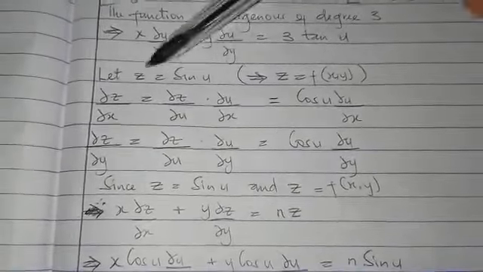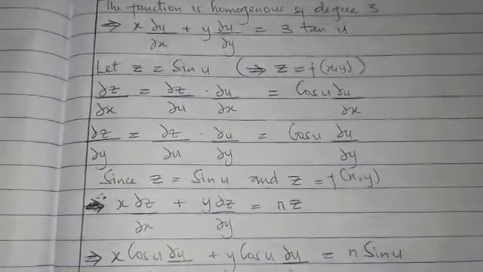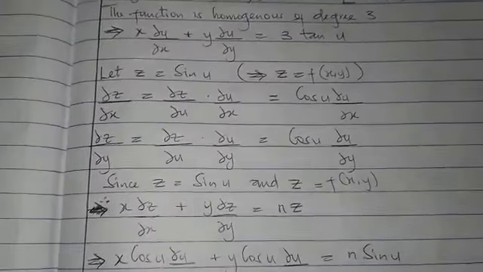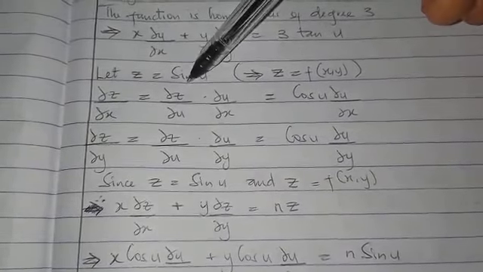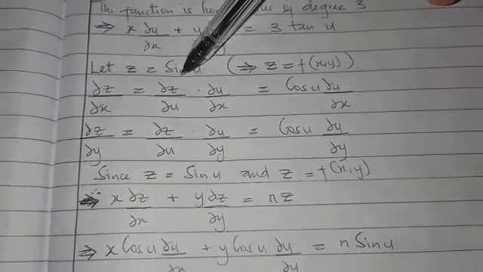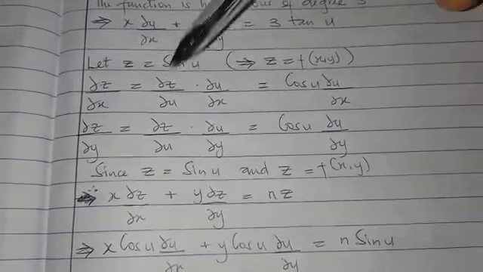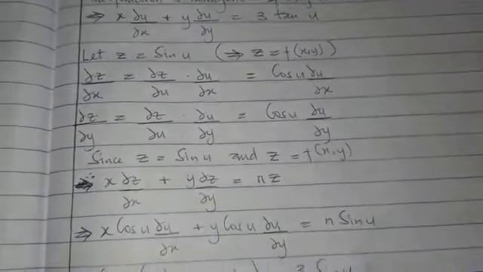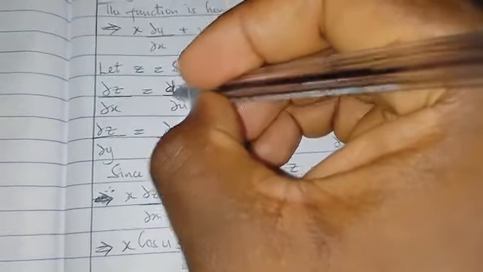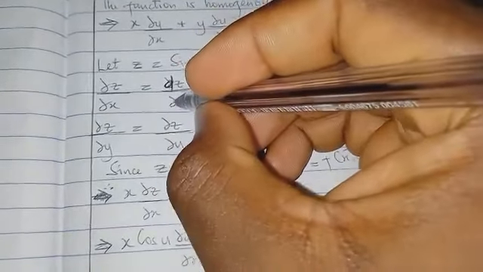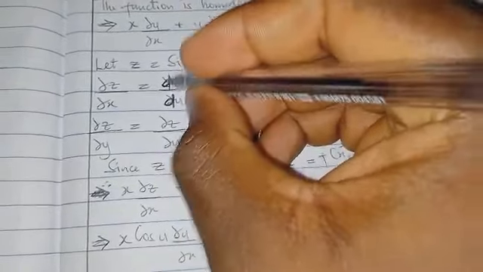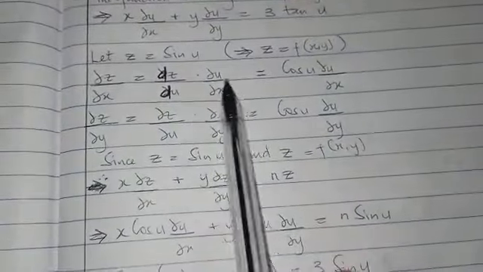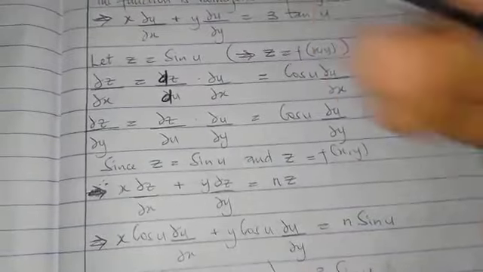Here it is. z is equal to sin u. Differentiating with respect to u, I don't think we should use partial. We should use normal d here, since z is just a function of u, and it's u that is a function of x and y.